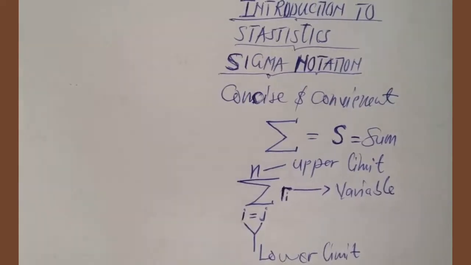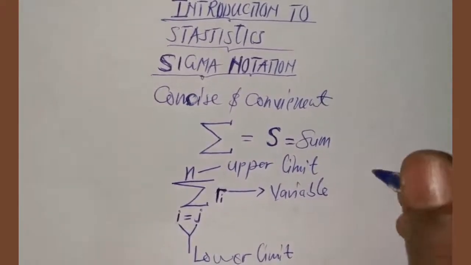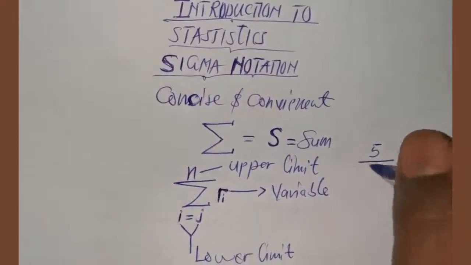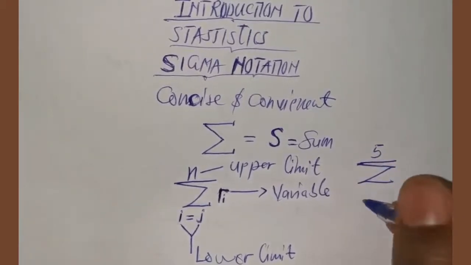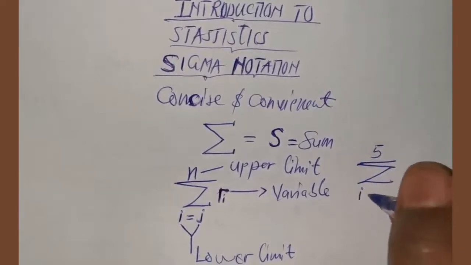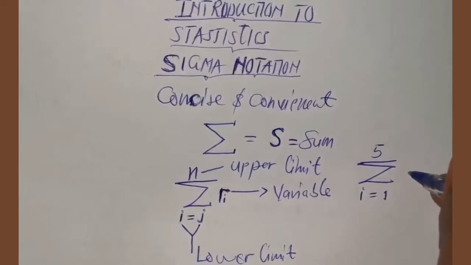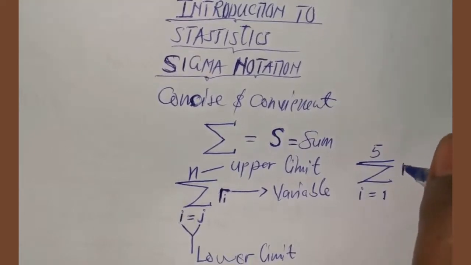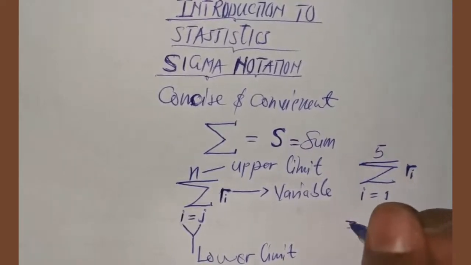So for example, if I have a summation of r_i from i equals 1 to 5, this is how it's going to be.